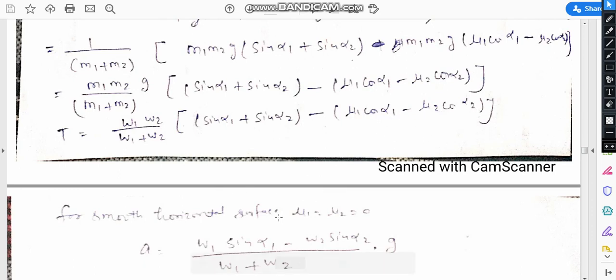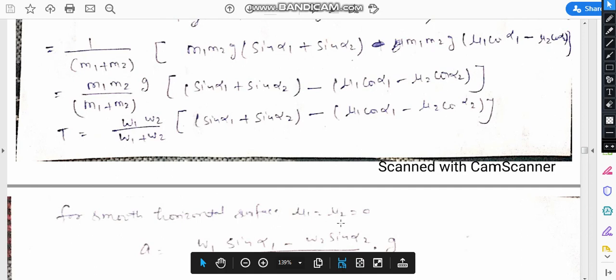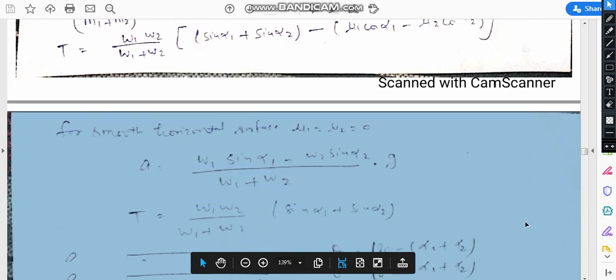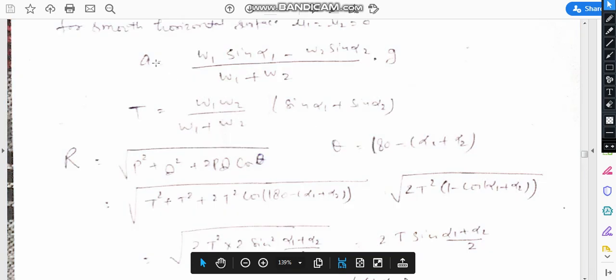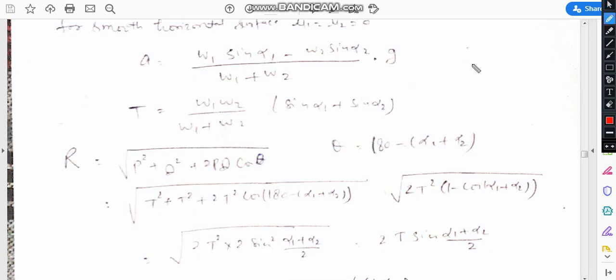For a smooth horizontal surface, mu1 and mu2 are assumed to be 0, and by putting these two values as 0 we obtain the acceleration: a equals w1 sin alpha 1 minus w2 sin alpha 2 upon w1 plus w2, times g, and T equals w1 w2 upon w1 plus w2, times sin alpha 1 plus sin alpha 2.